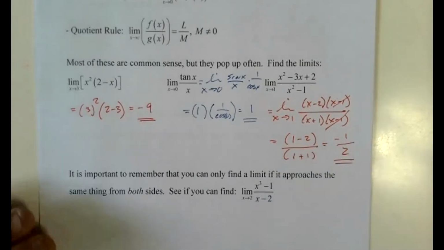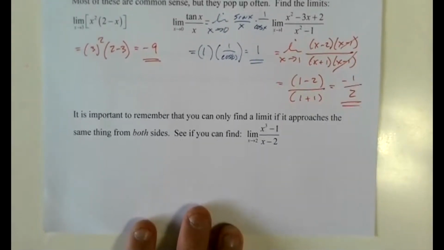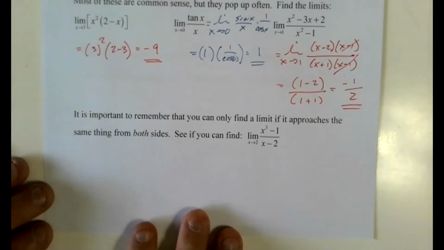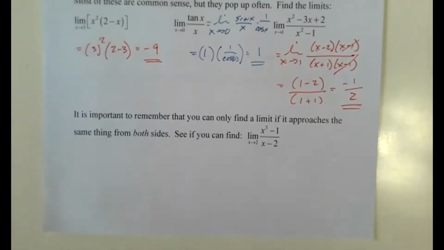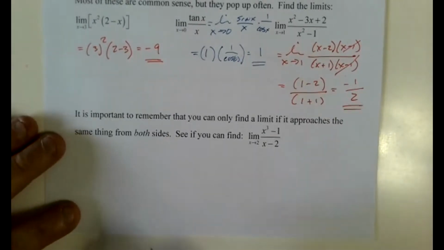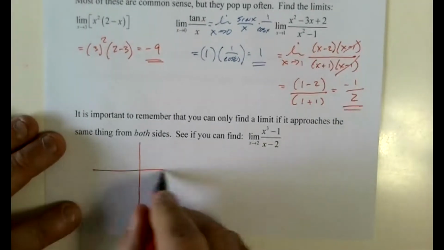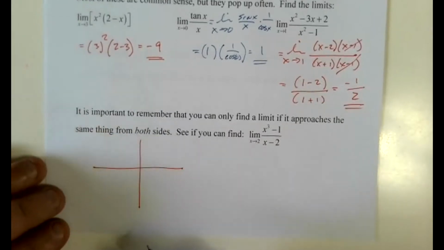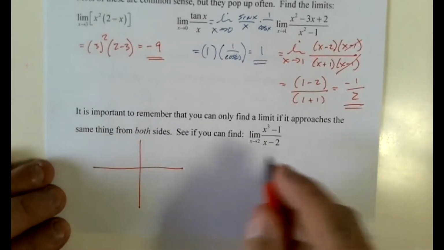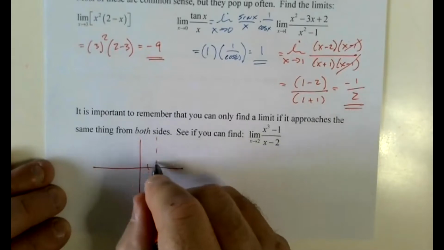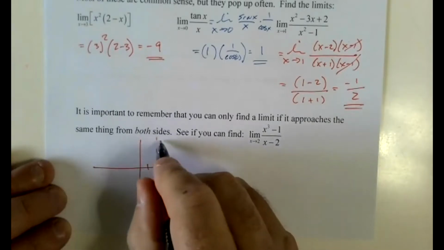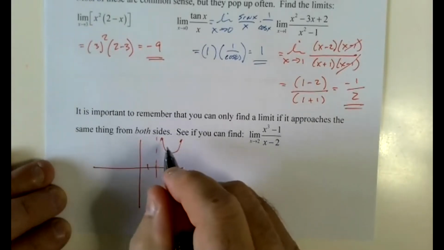Cool. So I've commented on this a couple times. You can only find a limit if it approaches from both sides. We're actually going to do one-sided limits, which I think is really, really stupid, but you know, what are you going to do? So if you graph this, x approaches 2, you find there's an asymptote at 2. And on the right side, it does something like this or some weird thing.